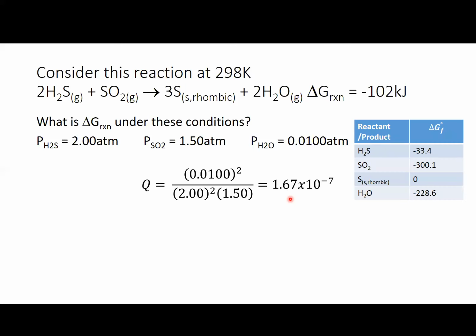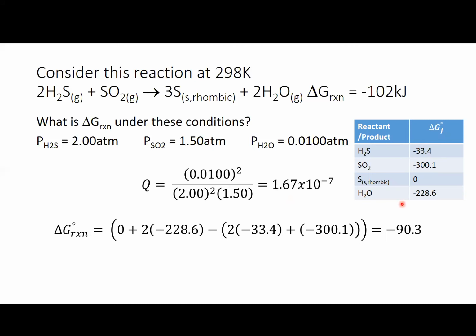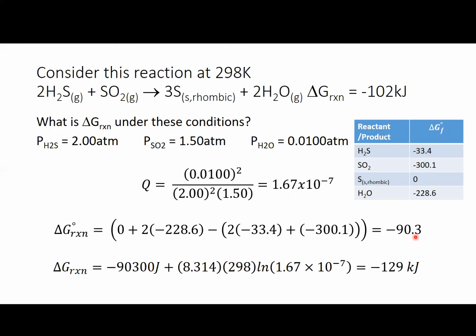How do I get my delta G of formation? I was able to go in the table and look these things up so I can calculate it. My delta G naught is negative 90.3. So my negative 90.3 plus this, I can calculate this out to be negative 129.